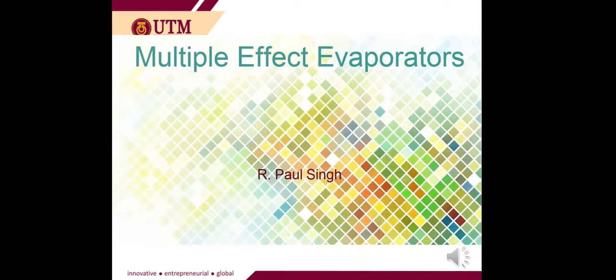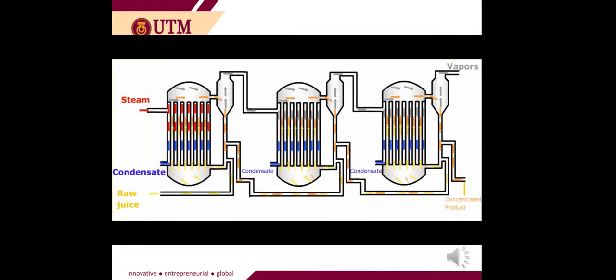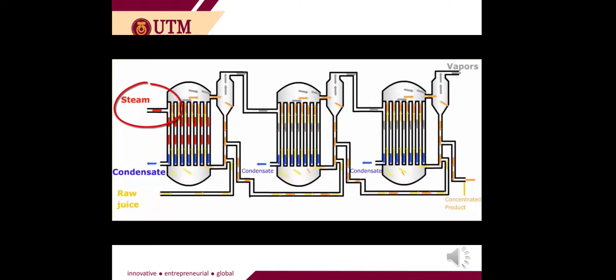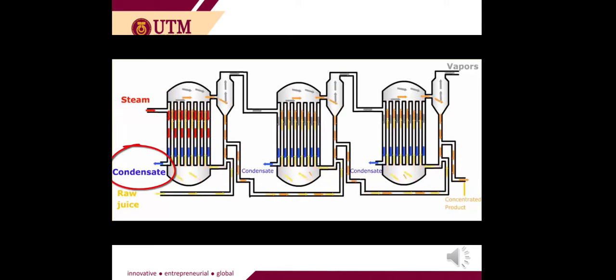Let's first look at this animation of a triple effect evaporator. The steam coming in is the heating source for the first effect, and the first effect condensate leaves at the bottom of the heating section.